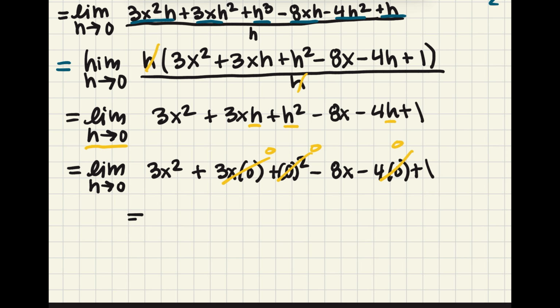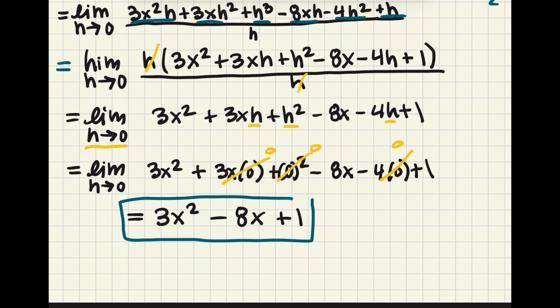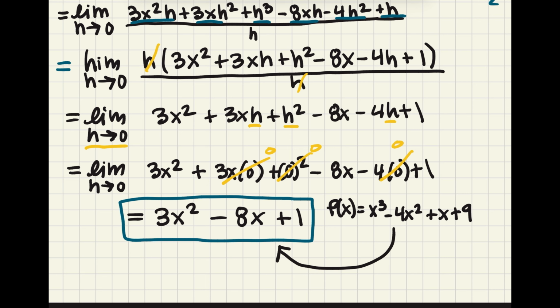So what we'll end up with is 3x squared minus 8x plus 1. And this right here will be our final answer. So remember, the original function that we started with was f of x equals x cubed minus 4x squared plus x plus 9. And the derivative of this will equal that.